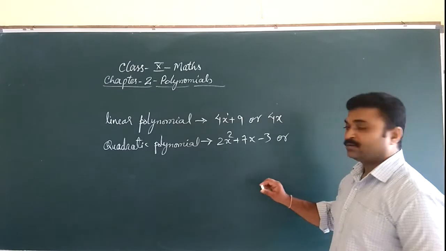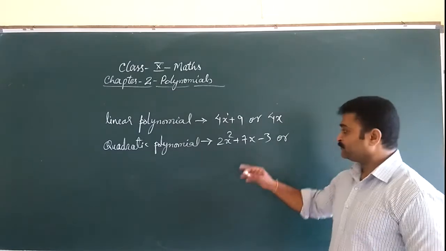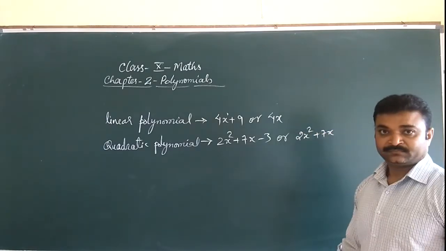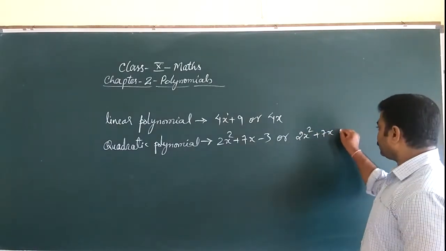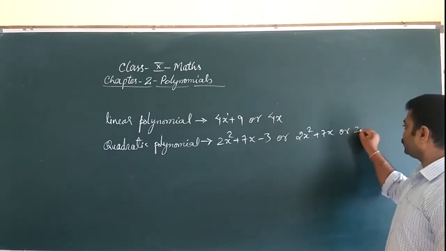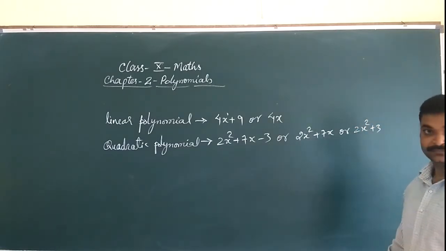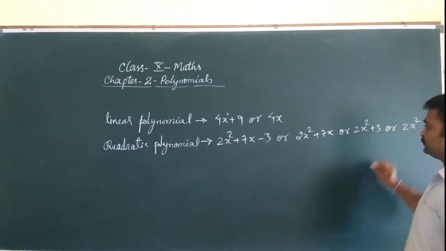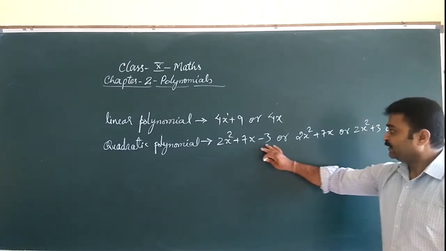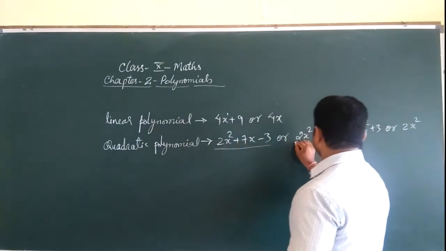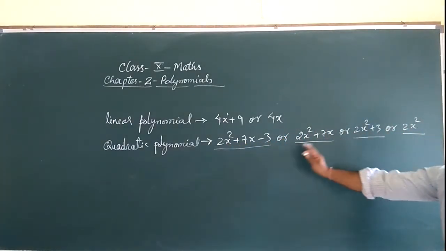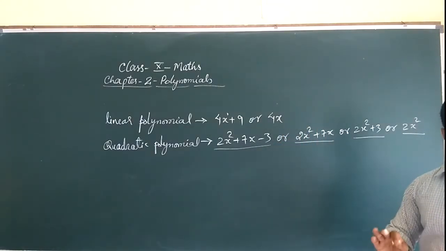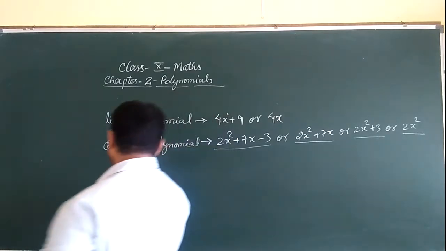This polynomial can be 2x square plus 7x, or we can write 2x square plus 3, or 2x square only. So these four are the types of quadratic polynomials. Got it?